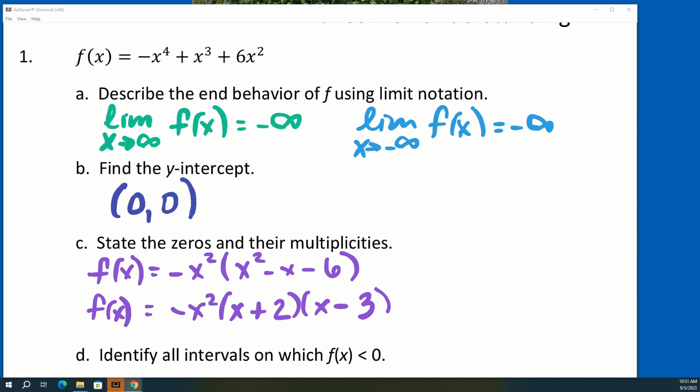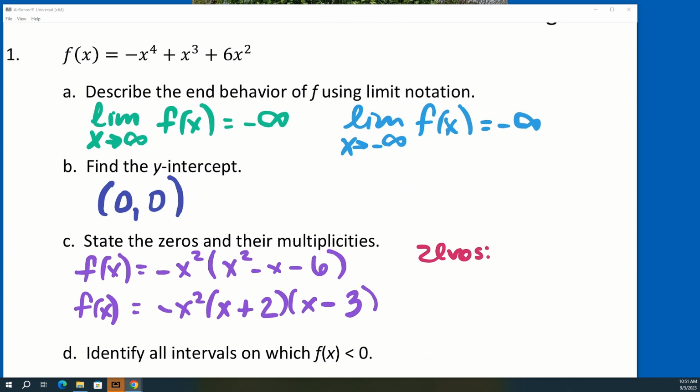All right. And once we get that, it's just the same stuff we've been doing by looking at these factors and telling the zeros. All right, so if this is a factor, what is the 0? 0. And what is its multiplicity? Good job.